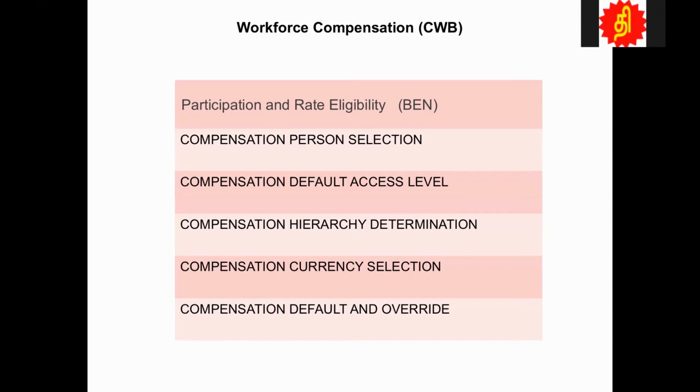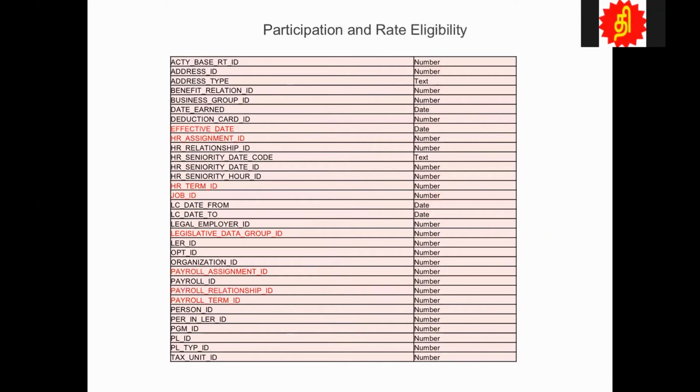Today we will see the eligibility fast formula, which is coming from benefit. We have seen this screen many times, and this is the context which is supported by the eligibility fast formula. But when it is called from CWP, it does not pass all the context. CWP has nothing to do with letter ID, option ID, plan ID, and all that stuff.